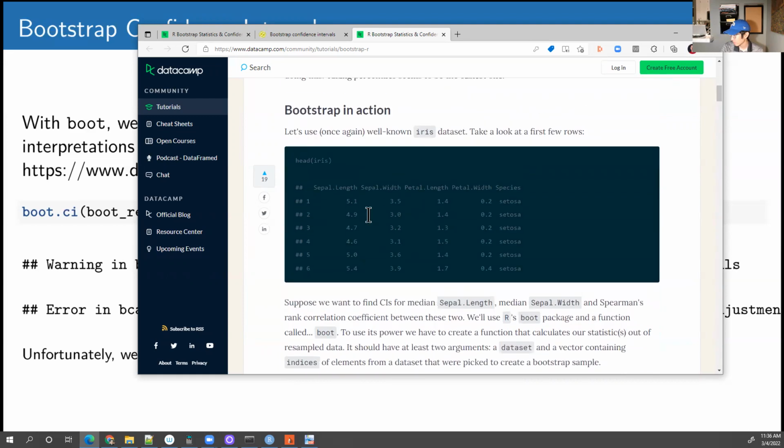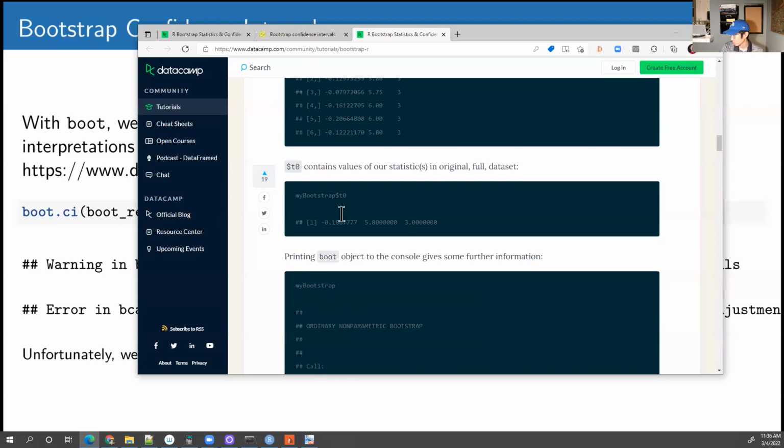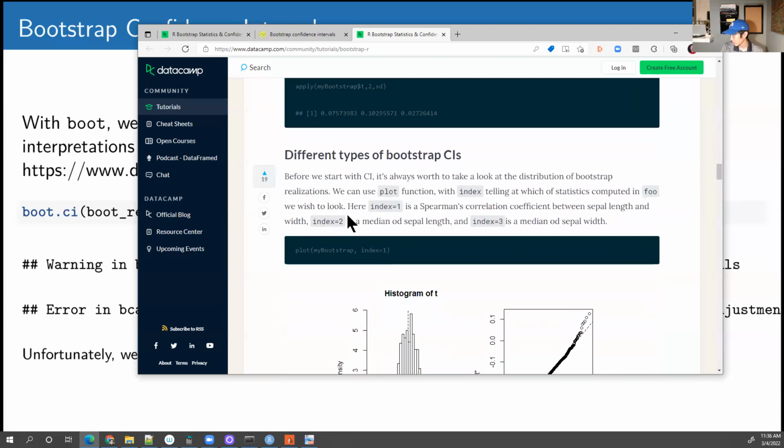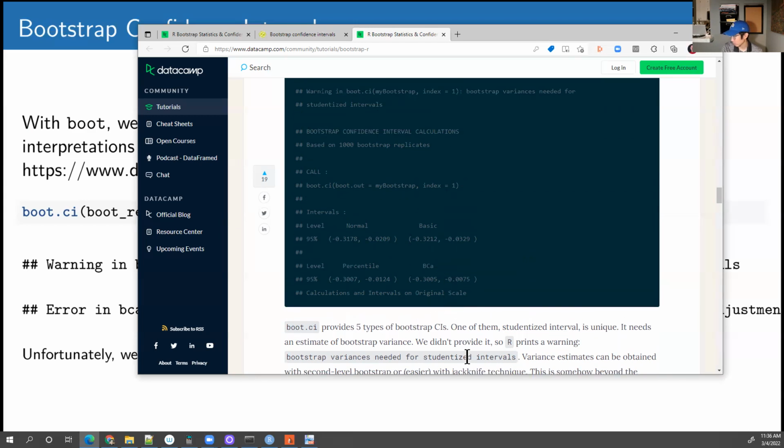So they're doing something a little different, and their function calculates multiple things. At the end you can create a bootstrap confidence interval, and it produces 4 of these: the normal confidence interval, the basic confidence interval, the percentile confidence interval, and the BCA, I think bias corrected accelerated. I have an explanation later about the different confidence intervals that it will produce.